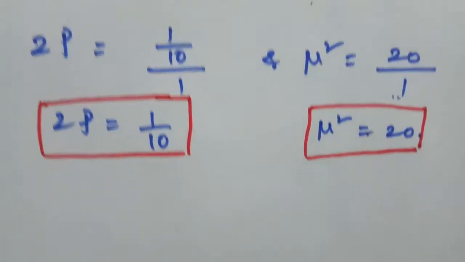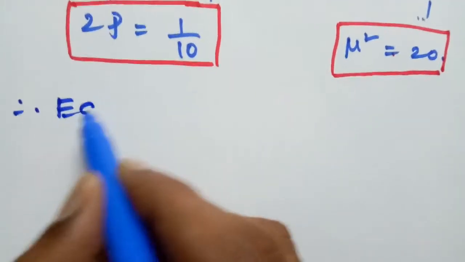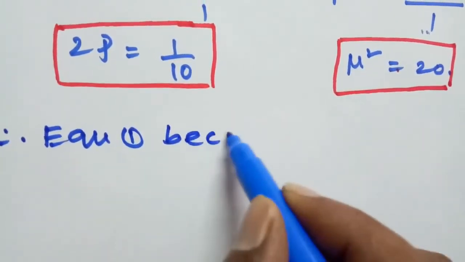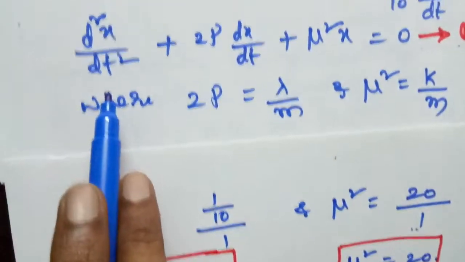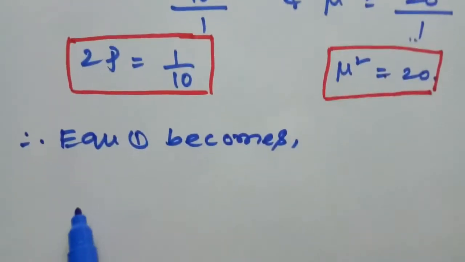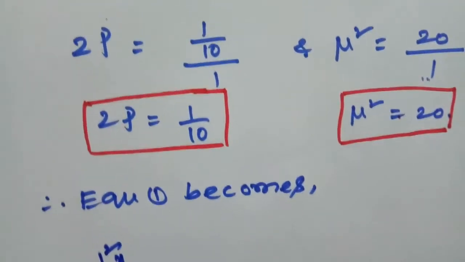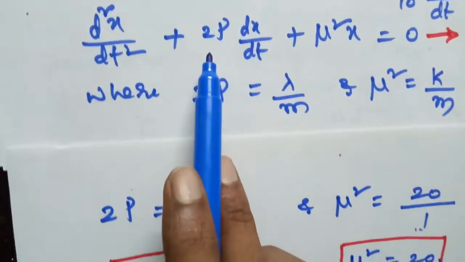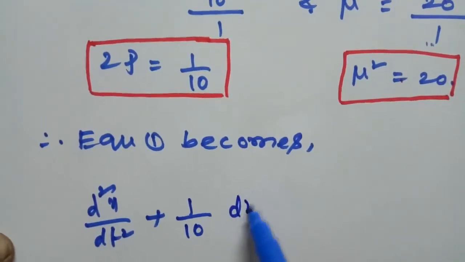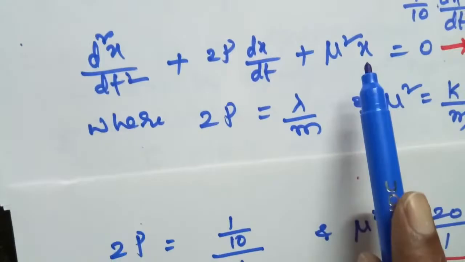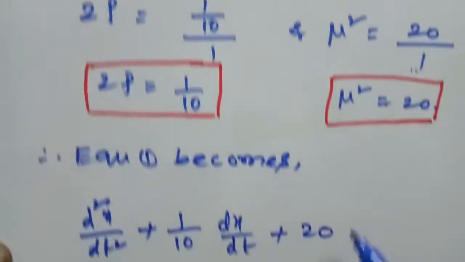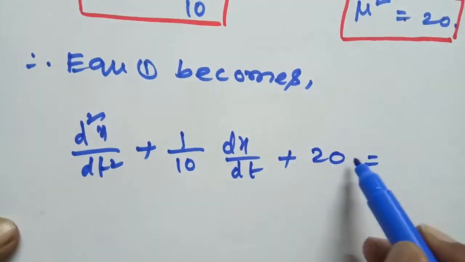Therefore equation 1 becomes d square x by dt square plus 2p value, that is 1 by 10, into dx by dt plus mu square value, which is 20, into x equal to 0.